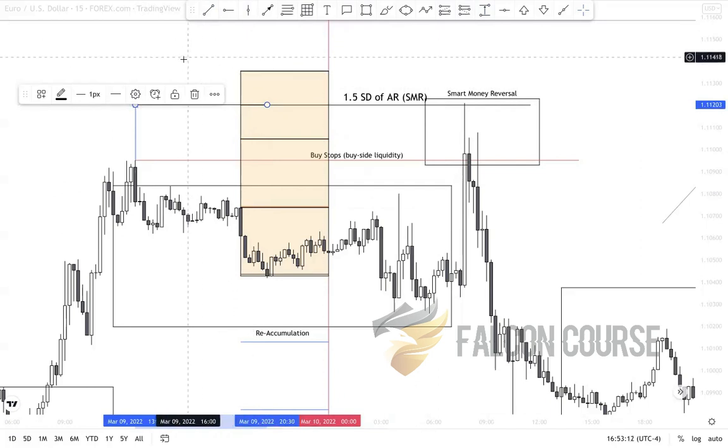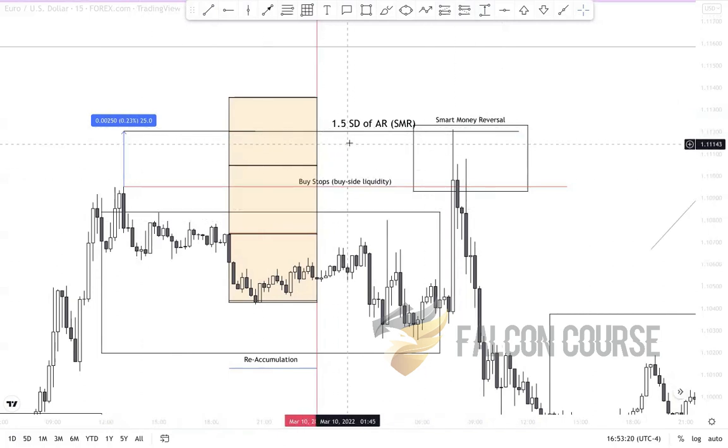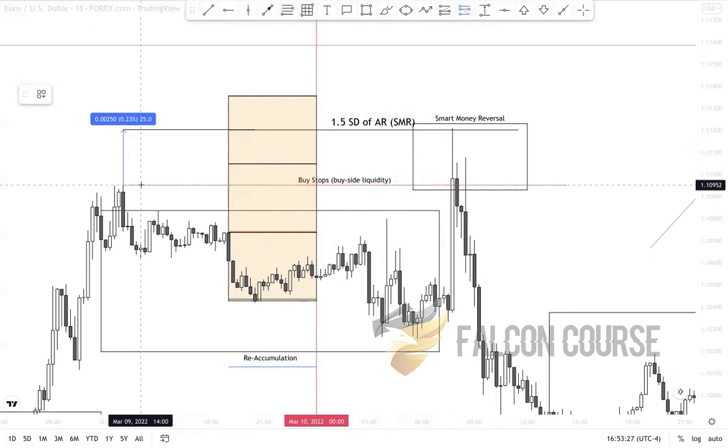A bunch of confluences are right there. So if this wasn't enough to have 1.5 standard deviation, or let's say one standard deviation aligning with 20, or you could even use the 25, excuse me, 20.